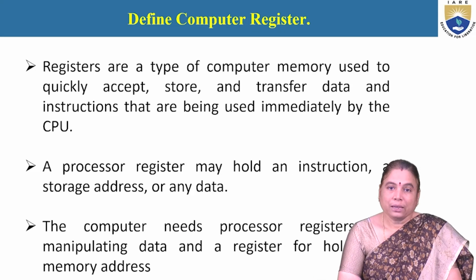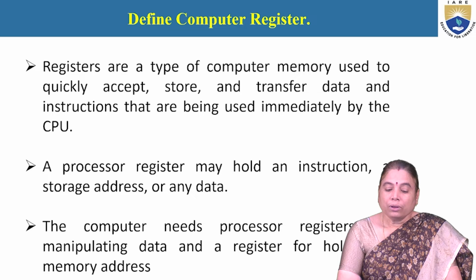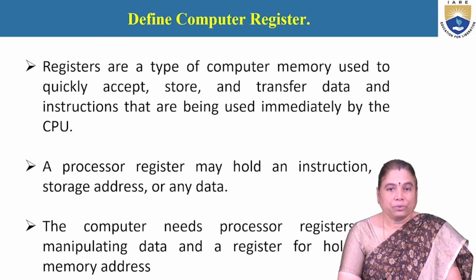Define computer register. Here we have various storage components in the computer like registers, cache, primary memory, and secondary memory. Registers are one of the quick accessing mechanisms. Why?